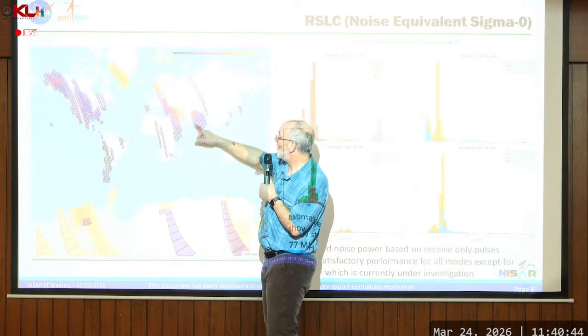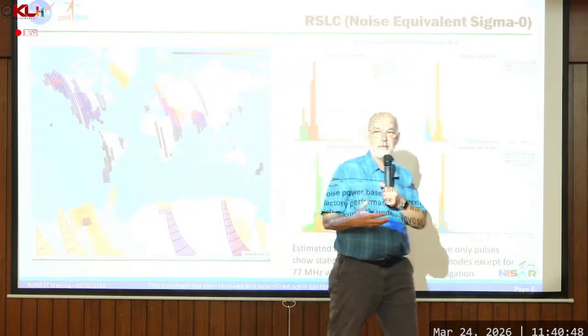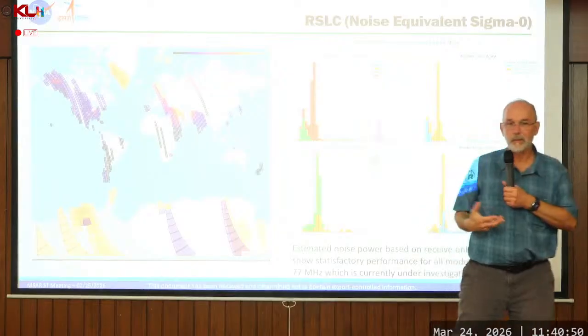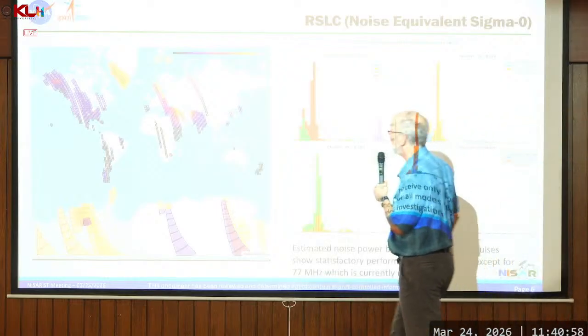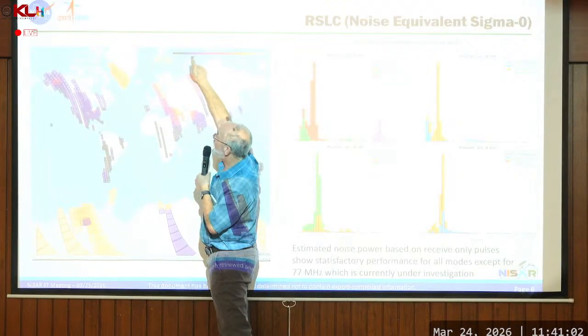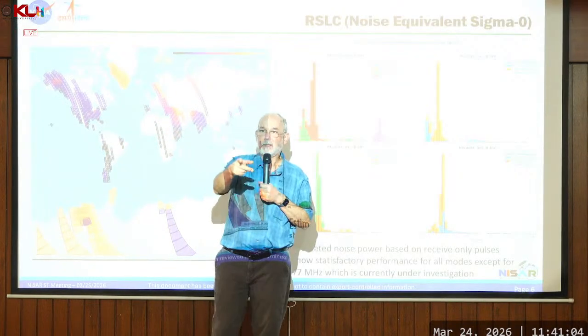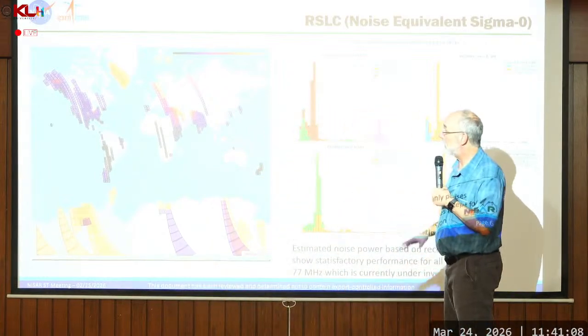The places where it's higher tend to be because of RFI corrupting the estimate. So once we remove the RFI, that should be better. Actually, this purple color here is around -28 dB, which is exactly the average number I told you earlier. So my guess was right.